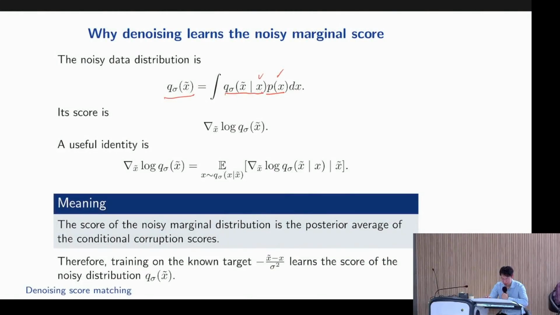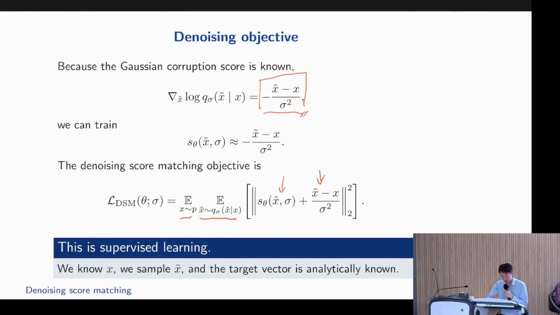By conditional expectation, that's the expectation of x under Q conditional, the noisy conditional distribution, which we defined here. I think there's a notation difference here.